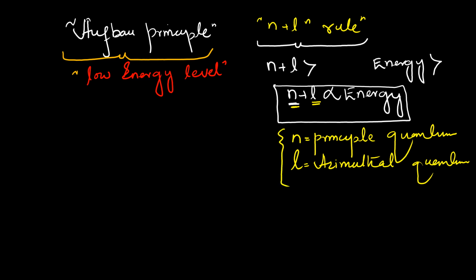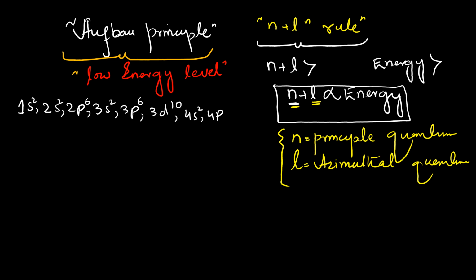Now, as we know that an atom has subshells, and these subshells are 1s2, 2s2, 2p6, 3s2, 3p6, 3d10, 4s2, 4p6, 4d10, 4f14.